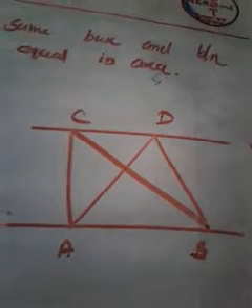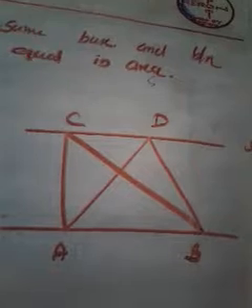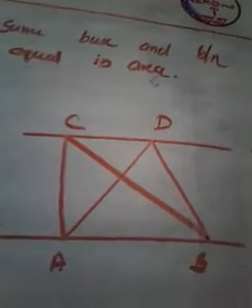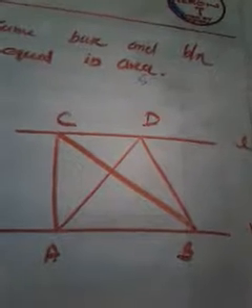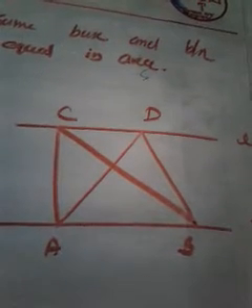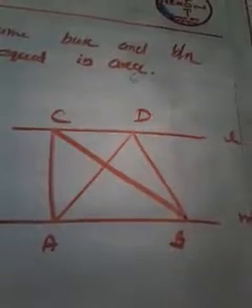When I say in between the same parallel lines, you have to make sure that the lower side of the triangle is on the lower parallel line and the upper point of the triangle is on the upper parallel line. See, both triangles are on the same base AB and in between the same parallel lines.